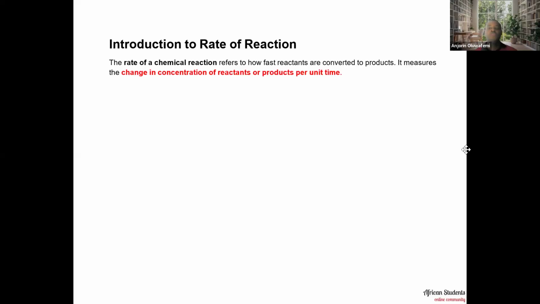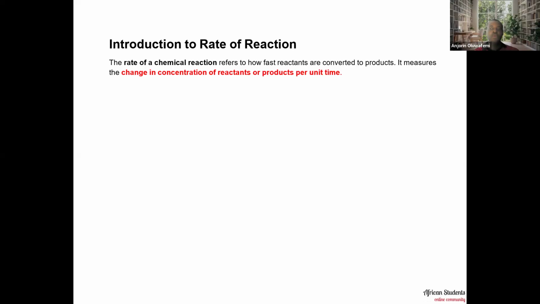The rate of chemical reaction refers to how fast reactants are converted to product. It measures the change in concentration of reactants or products per unit time.